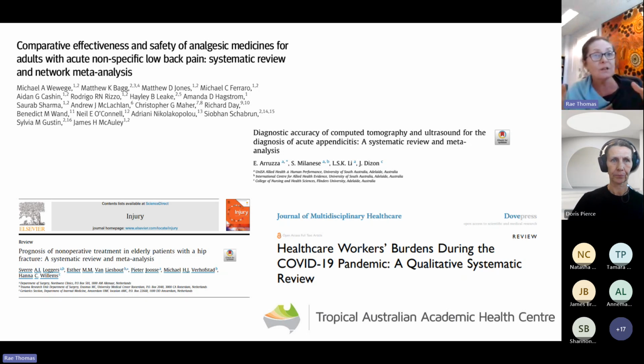Underneath that is a prognostic systematic review. Across to the right, we've got a diagnostic systematic review, and underneath that is an experiential qualitative systematic review. So you can do systematic reviews for all of the different types of health research questions, but you must match those systematic reviews to the primary studies that are best relevant for your research question.